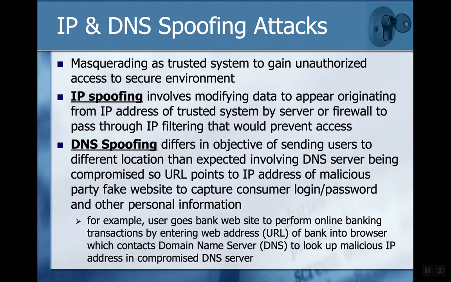With DNS spoofing, you can enter an IP address, or you can enter a name like www.newyorktimes.com or www.google.com or whatever, and what the attacker does is intercept that request for the translation and return a bogus address.